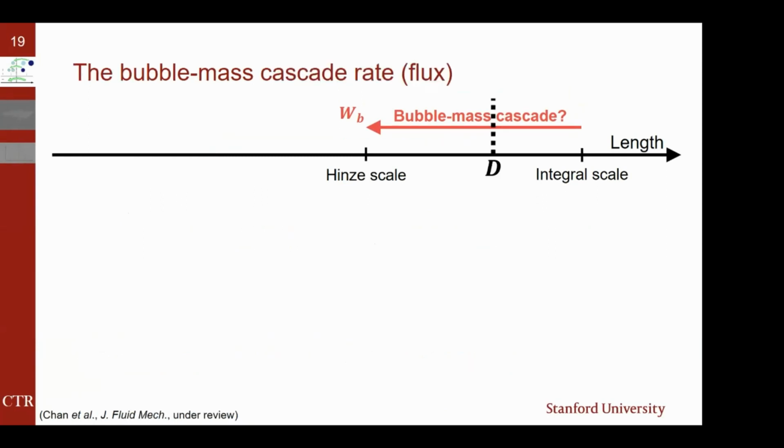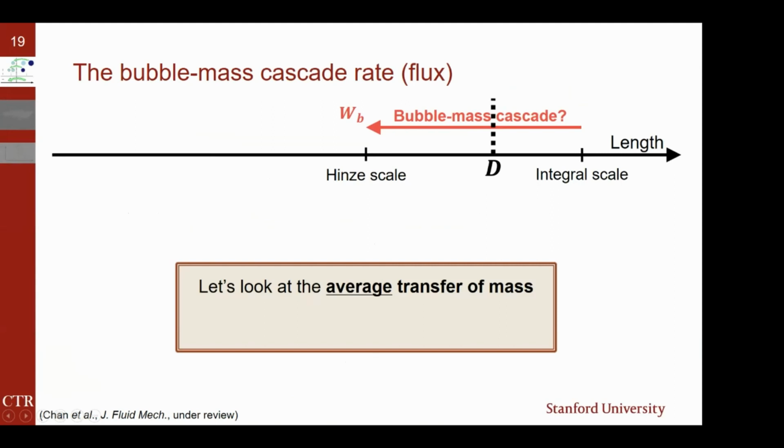So we're interested in quantifying WB. And we want to interpret this as a flux across a certain cutoff size d. And we want to obtain an average quantification of this mass transfer because all cascades should be interpreted in an average sense.